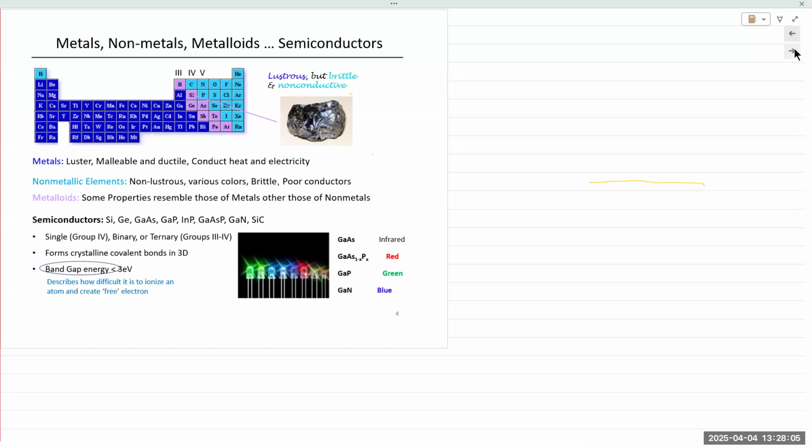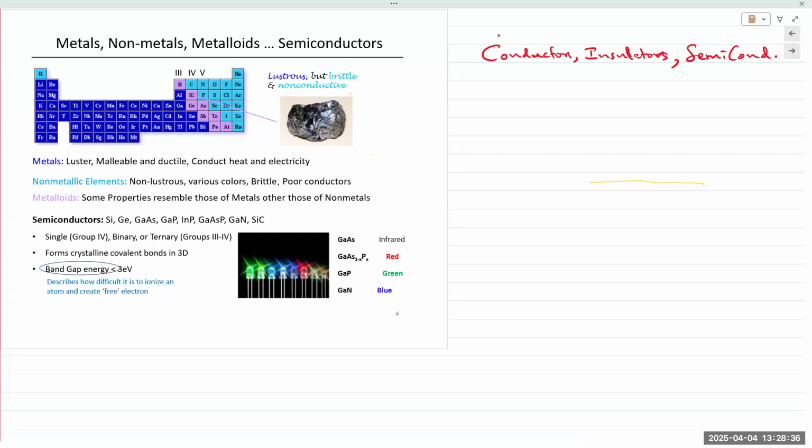Materials can be broadly classified, based on their ability to conduct electricity, as conductors, insulators, and semiconductors.